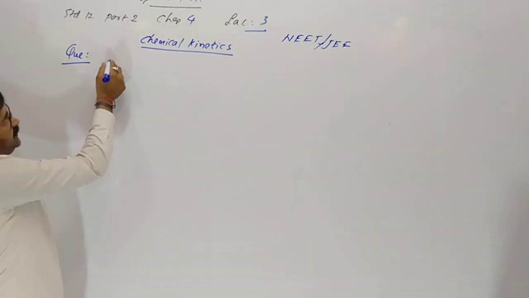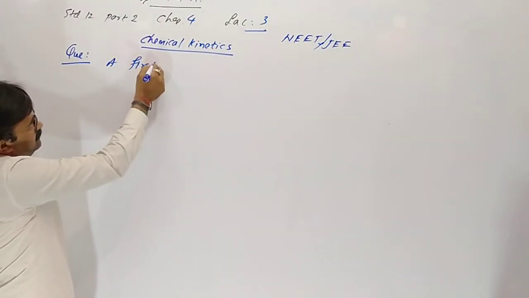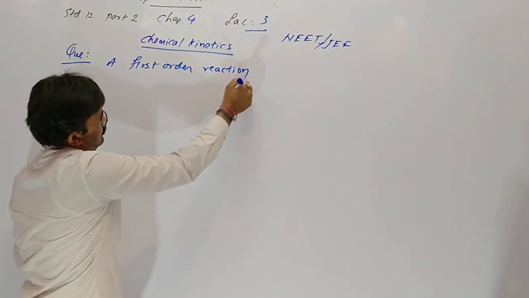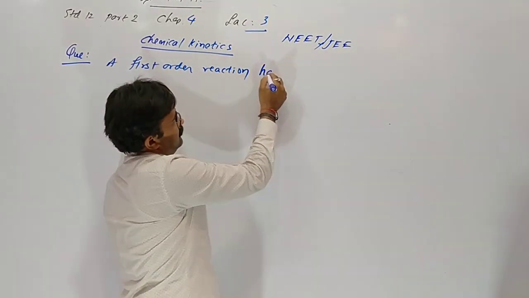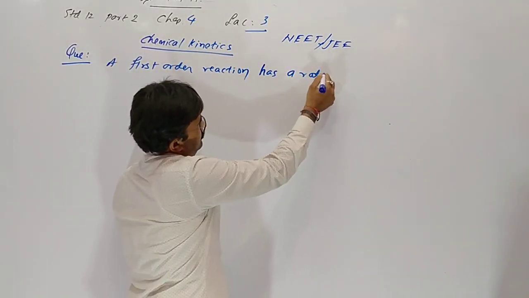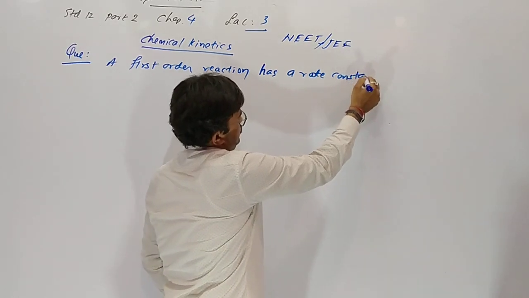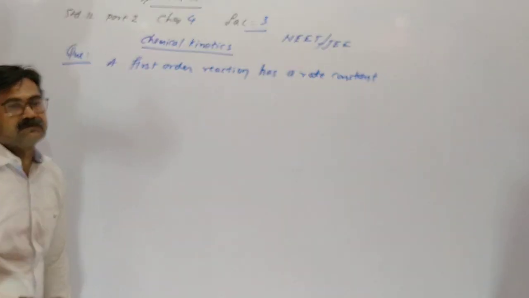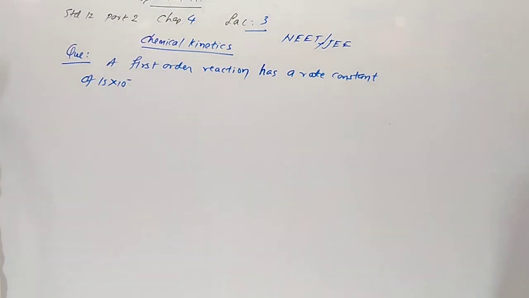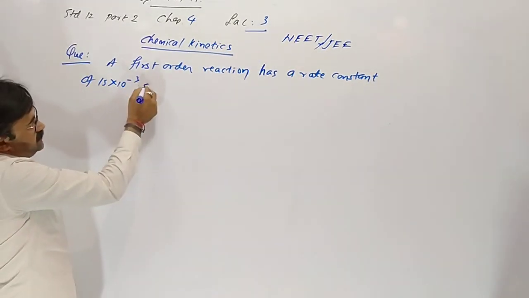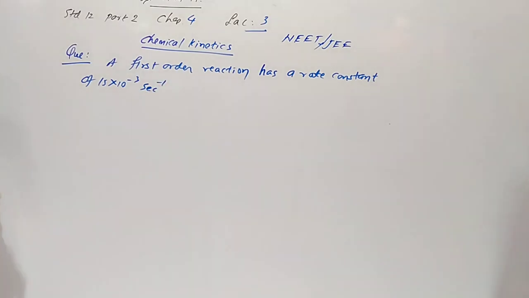In our next question, a first order reaction has a rate constant of 15 into 10 raised to minus 3 second inverse.